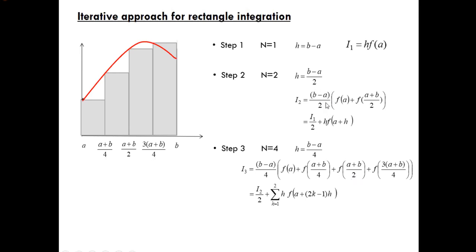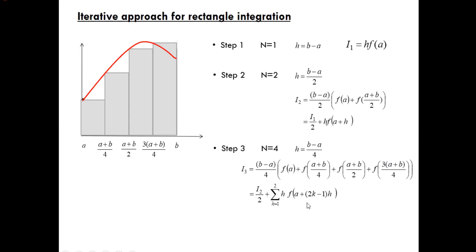Here I had (B minus A) over 2, and these two quantities are I2 over 2. And then I'm left with f of A plus (B minus A) over 4 and f of A plus 3(B minus A) over 4. I'm left with the odd terms here.